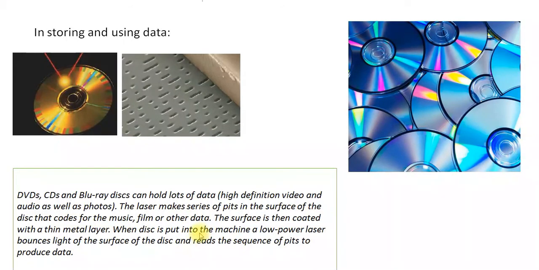Now, when the disc is put into the machine, a low power laser bounces light off the surface of the disc and reads the sequence of pits to produce the information that is stored. In this way you get to hear music or any other information stored in the disc.